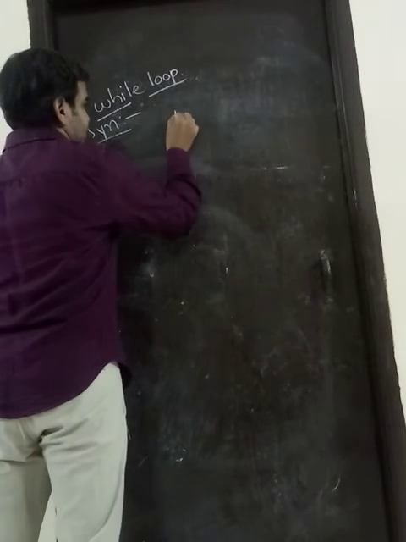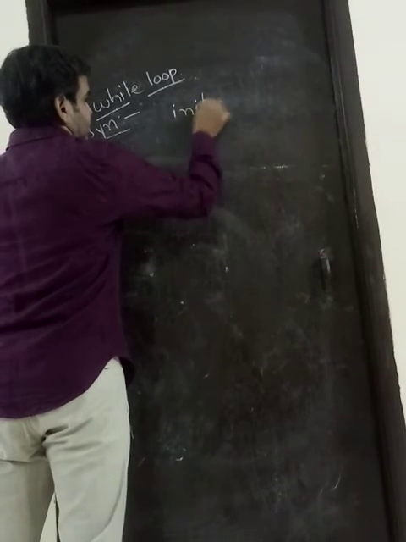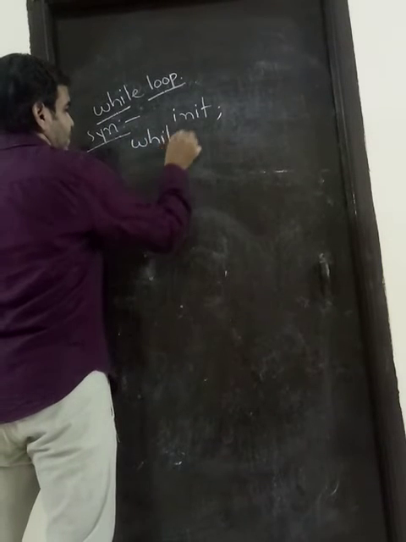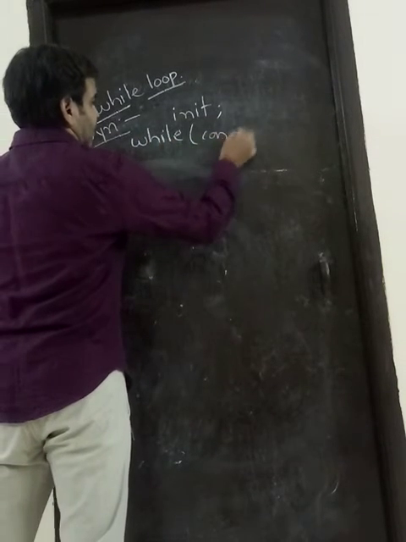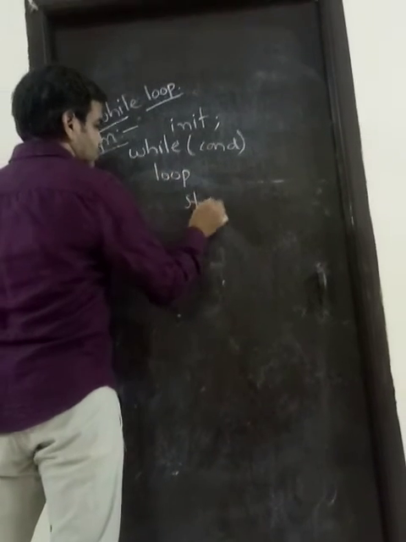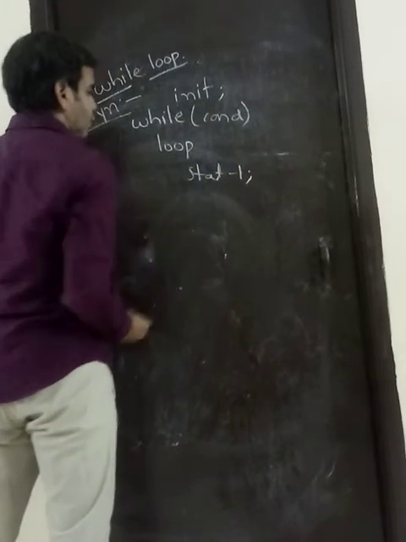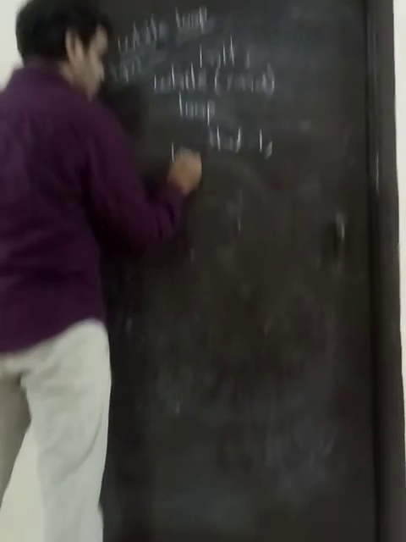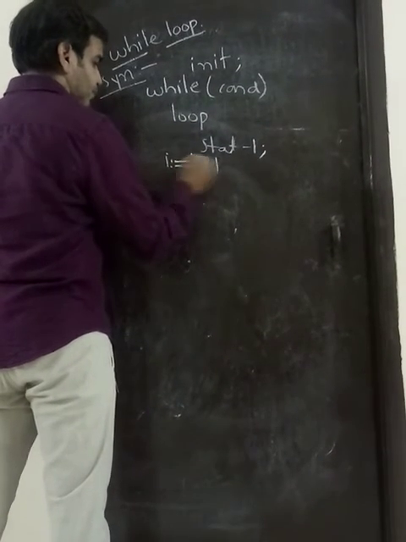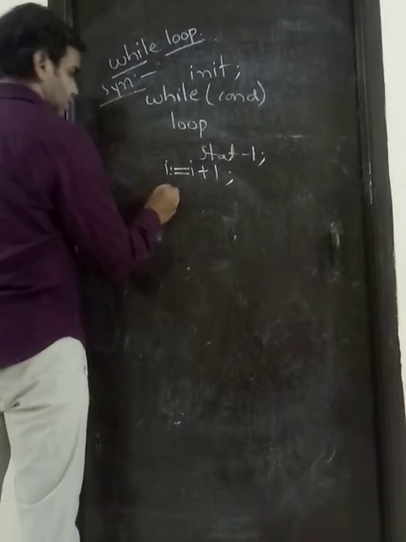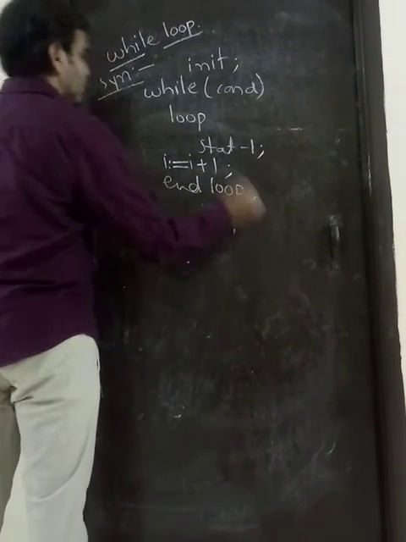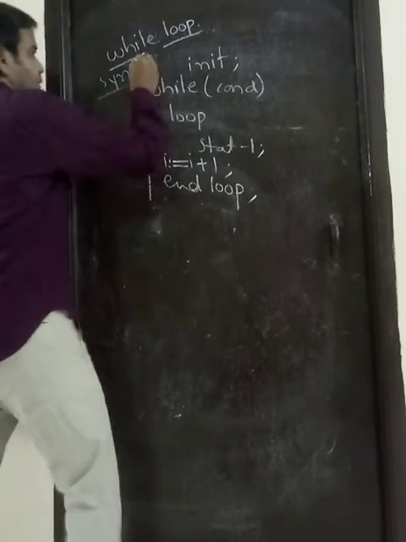See, first initialization, then while condition loop, execution of statement 1, then I is equal to I plus 1. Now check the condition, end loop. So this is the syntax of while loop.